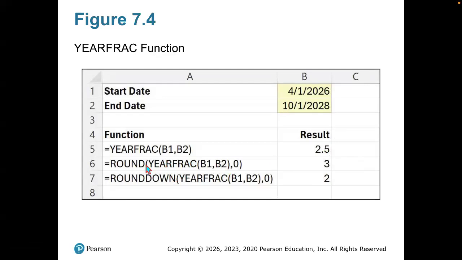And I can choose to round to the nearest, round up, or round down. Maybe I want to estimate how many years it's going to take me to do a project. If I want to give my employer a conservative estimate, I want a little extra time, so maybe I round up. I want to make sure that they give me the full 3 years to do the project, even though I know it might only take 2.5.